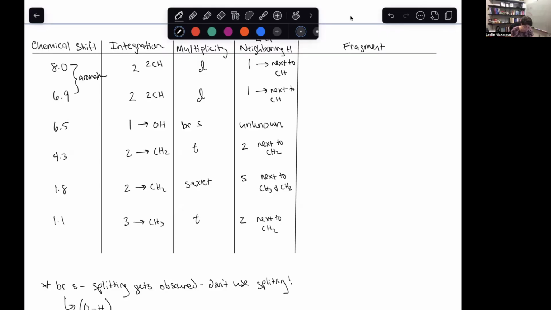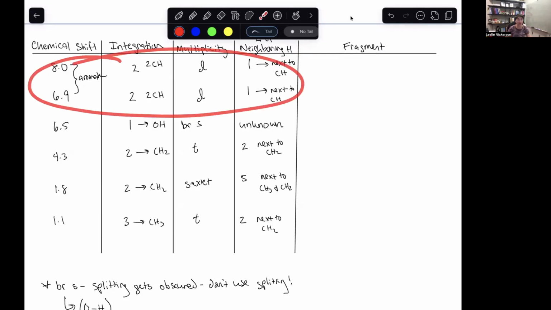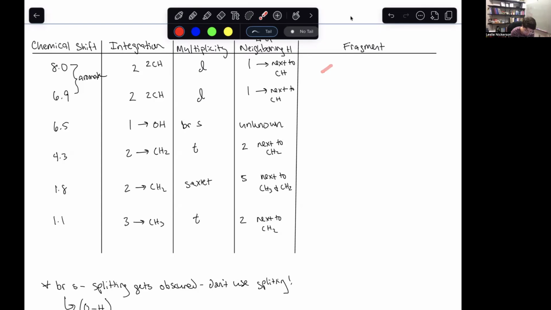Okay, so if we think about building out our fragments now, I'm actually going to put all of our aromatic fragments together. I find it really annoying if you're trying to draw in fragments for a benzene ring and you're not actually drawing the whole thing.